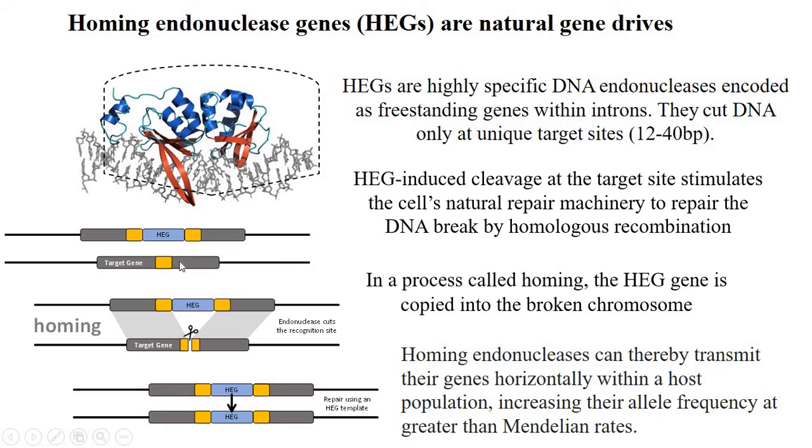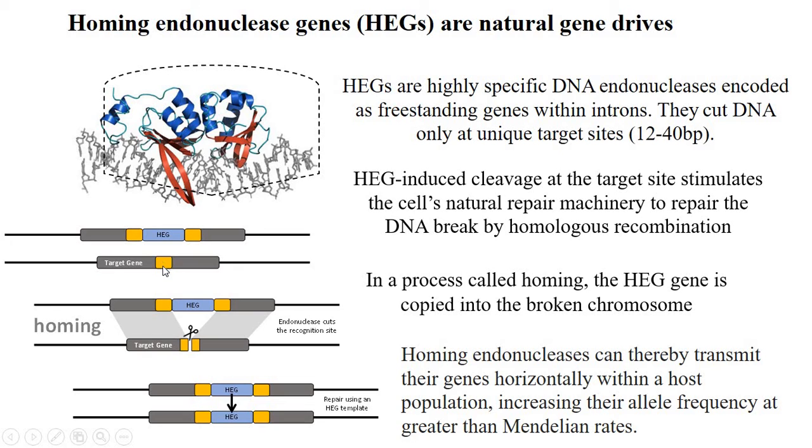Here is an example. This is your chromosome with the homing endonuclease gene on it. This is the other chromosome that doesn't have the homing endonuclease gene. It recognizes the sequence here because it's between these two sequences. That's the target sequence.